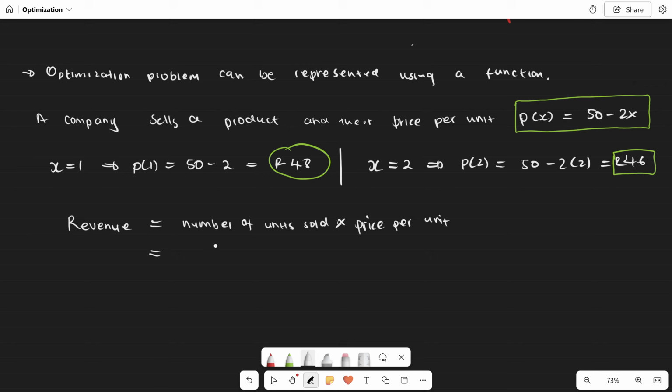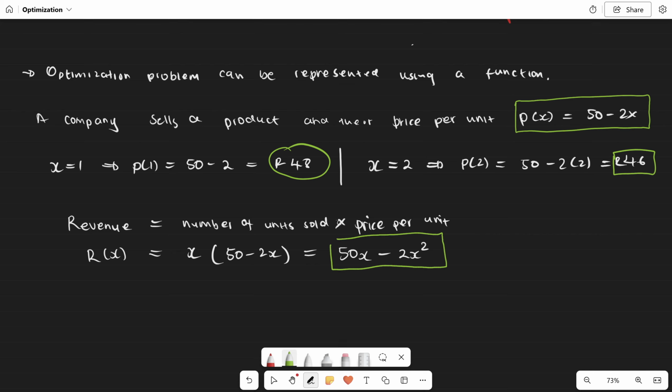Let's assume that we're selling X number of units. What is going to be our revenue function? Our price per unit first is 50 minus 2X. So this is 50x minus 2x squared. This is what we call our revenue function.